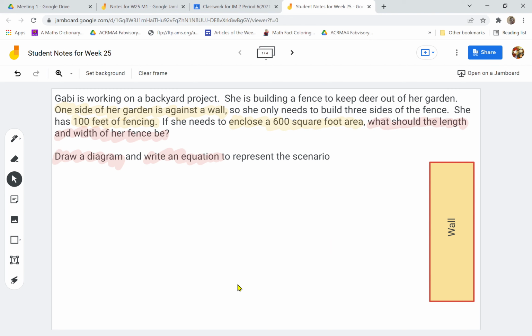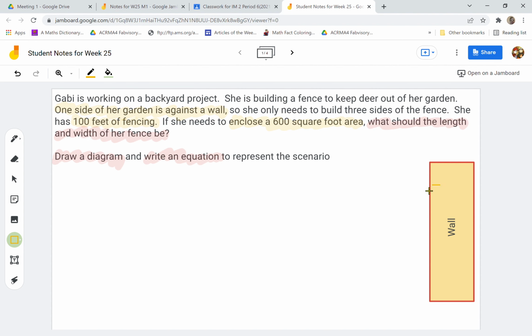So this is one side of this garden, and usually gardens are rectangular, so if you go to the gardening club, it's rectangular. So this is the wall, and then we need fencing. Normally you would fence it like this here. If you follow the cursor, it goes something like this, like a rectangle. So I'm going to create another rectangle, but this time I'll color it green, and we'll say the fencing is gold, right?